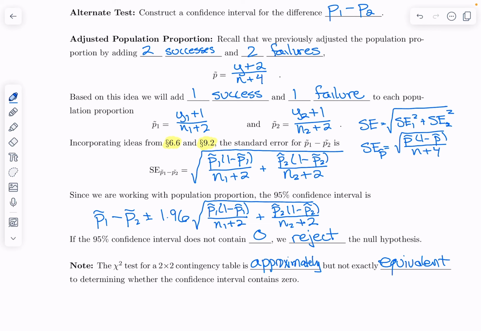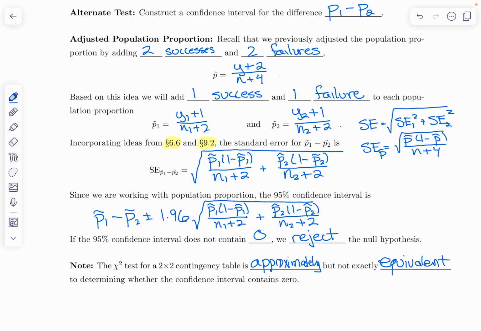Okay, so in most instances, if the confidence interval does not contain 0, then with the chi-squared test, you would be able to reject the null hypothesis. But there are a few instances where the confidence interval, say, would be very, very close to not containing 0 or containing 0, and then you would get the opposite conclusion of the chi-squared test. But again, for the most part, these two tests are equivalent.